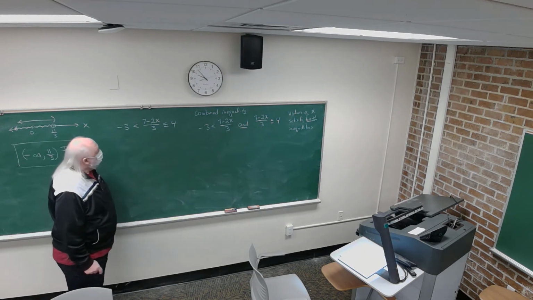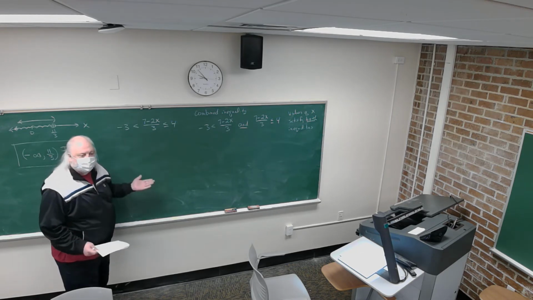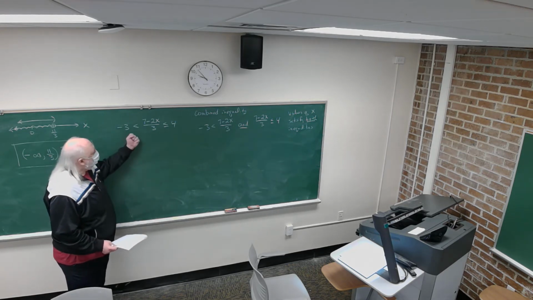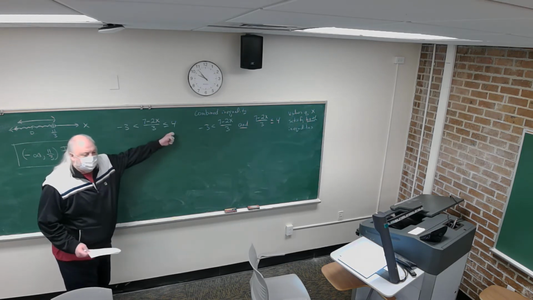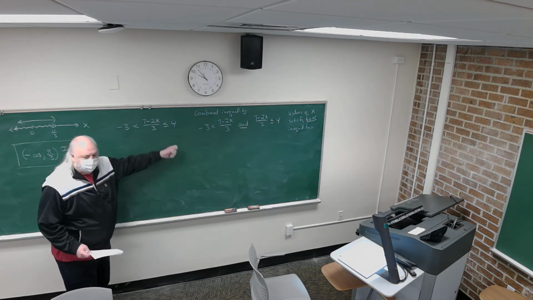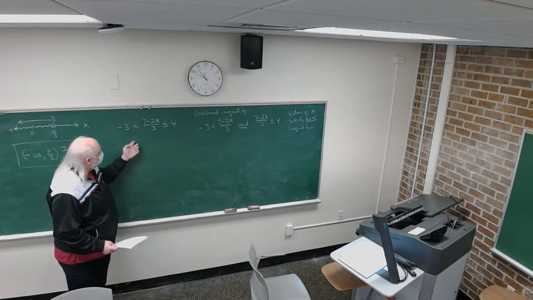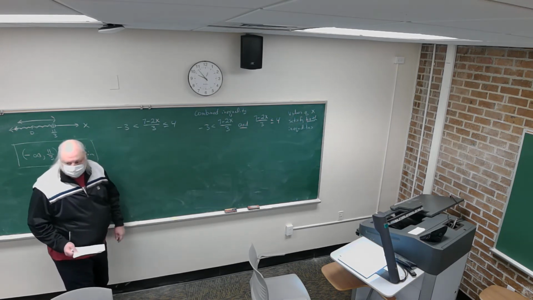Okay. And so in performing mathematical operations on a combined inequality, whatever you do, there are three sides to this thing, right? There's the left side, the middle, and the right side. So whatever you do on the left, the middle, or the right side, you have to do to all three sides, okay?